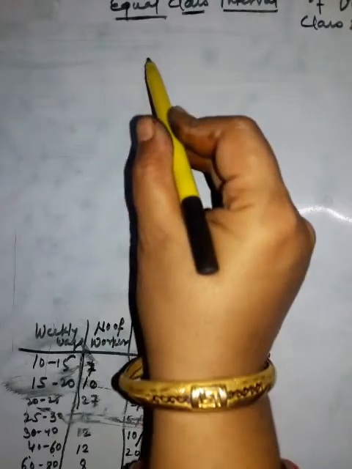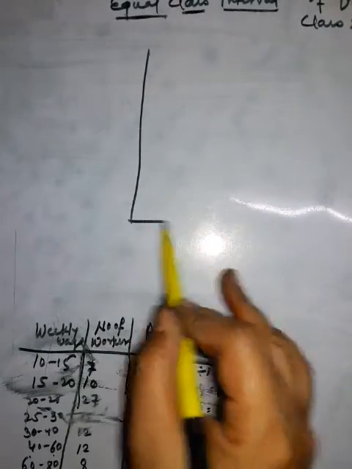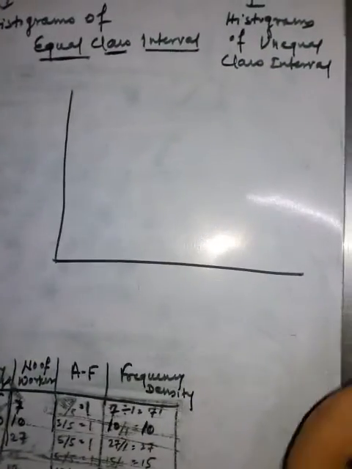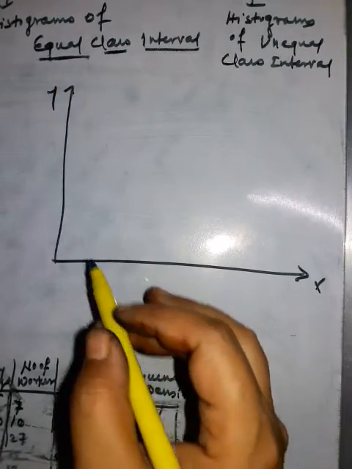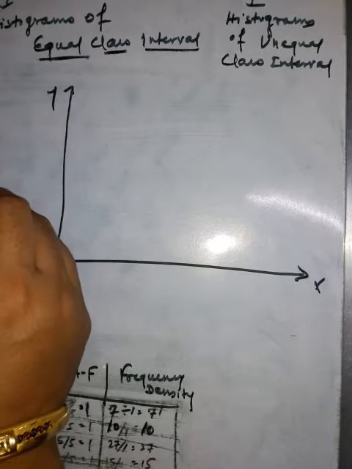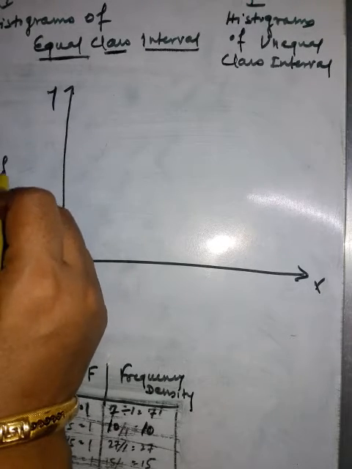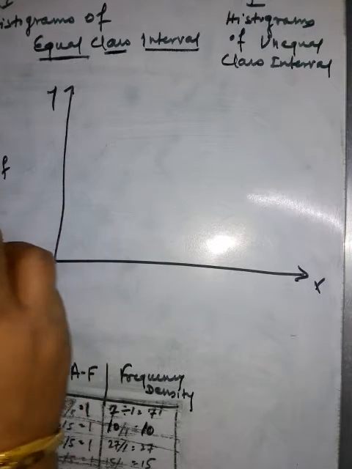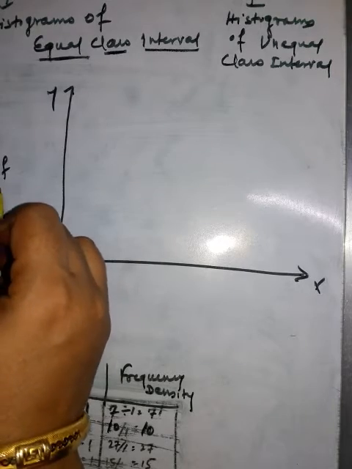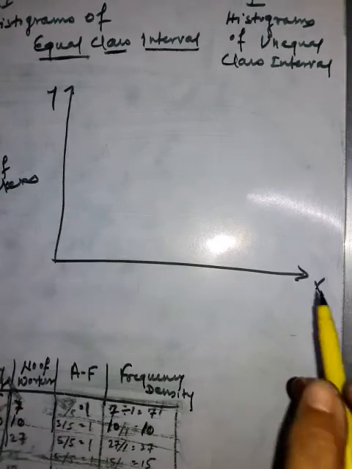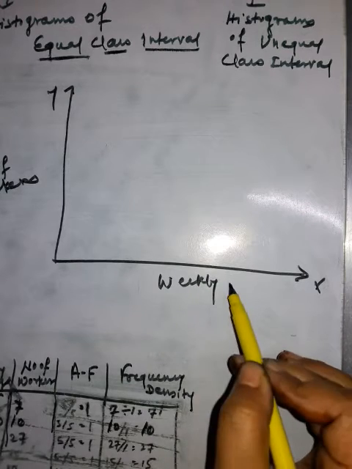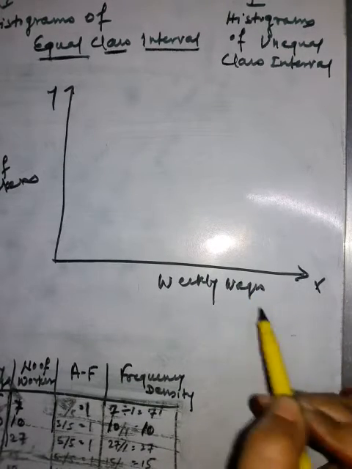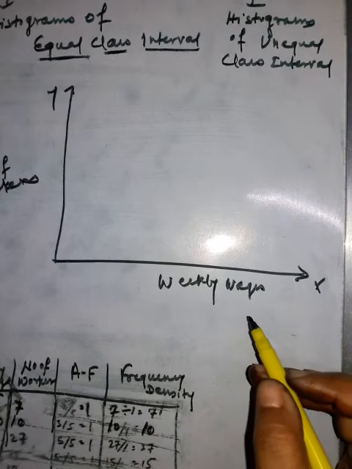Now students, I am drawing a histogram of this data. Here will be of course the y-axis, and that is the x-axis. The y-axis represents frequency, that is the number of workers, and the x-axis represents weekly wages.